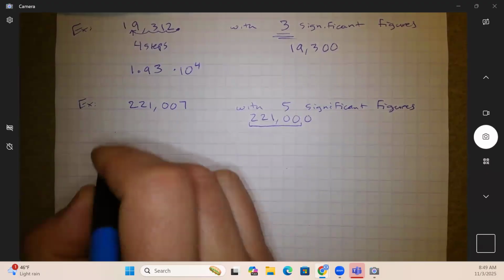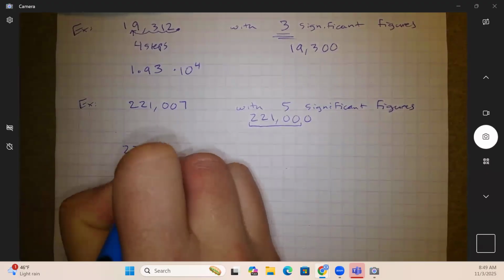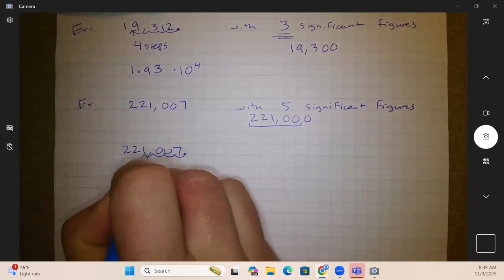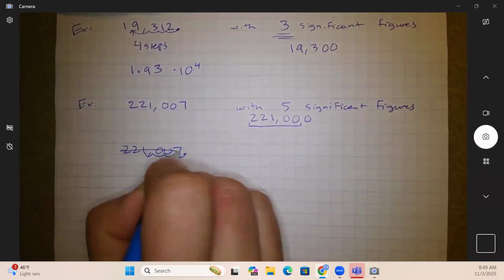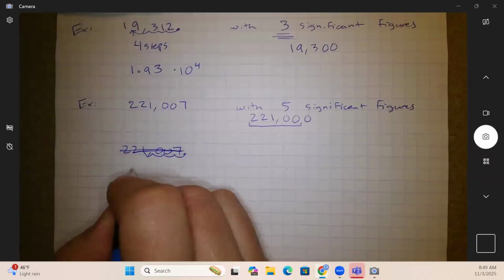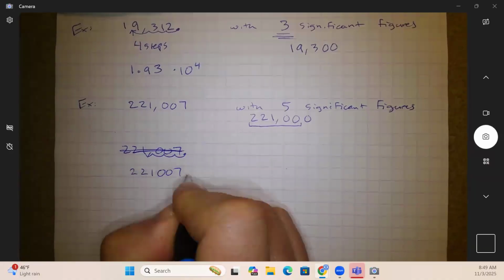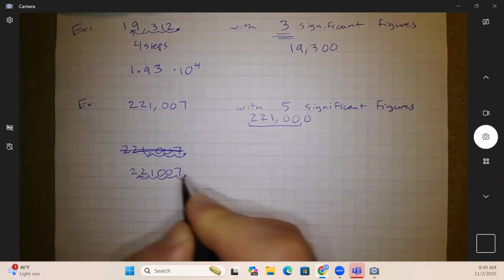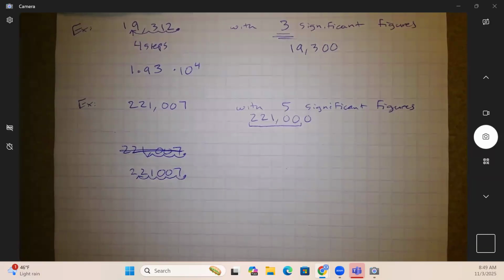So if I want to write it as scientific notation, again, I move the decimal 1, 2, 3. That comma gets in my way. That's why I usually don't write commas. It confuses me. 1, 2, 3, 4, 5. Does it always move to the tens place?